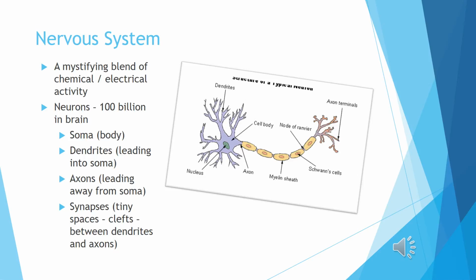It encodes these messages and makes decisions about what to do, and then sends those mandates down the axon into the axon terminals, where there are these vesicle sacs that are going to release some chemicals into the synapse, which is that tiny space or cleft between the axon and the dendrite.